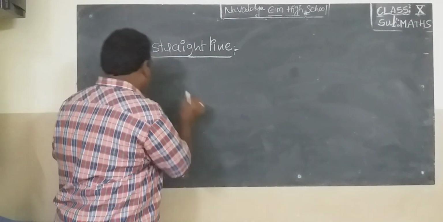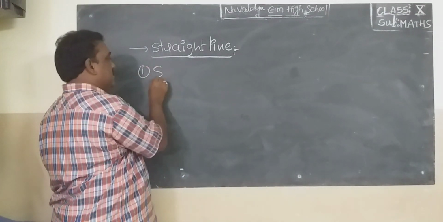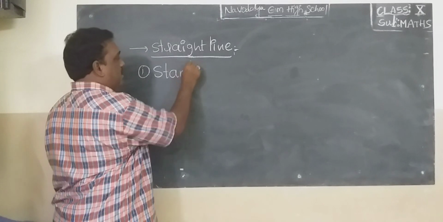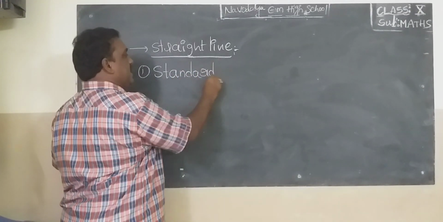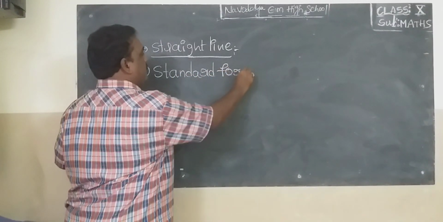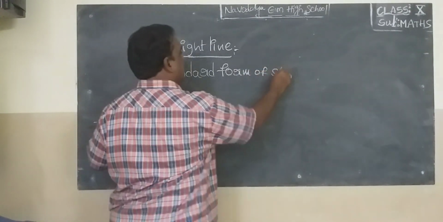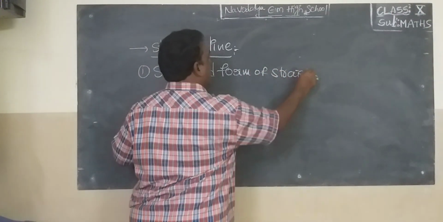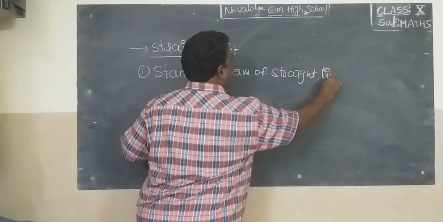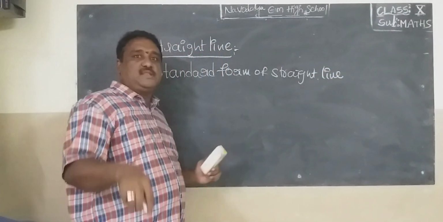What is the standard form of a straight line? First point: the standard form of a straight line is, what is the standard form of a straight line? First degree, two variables.